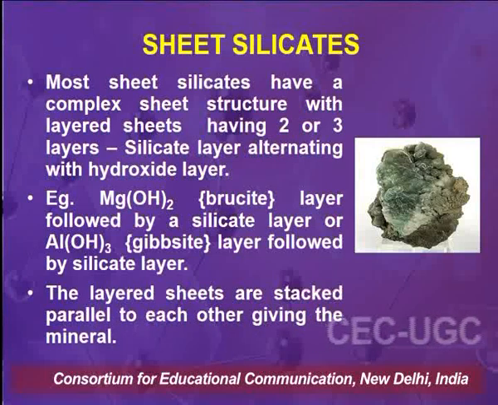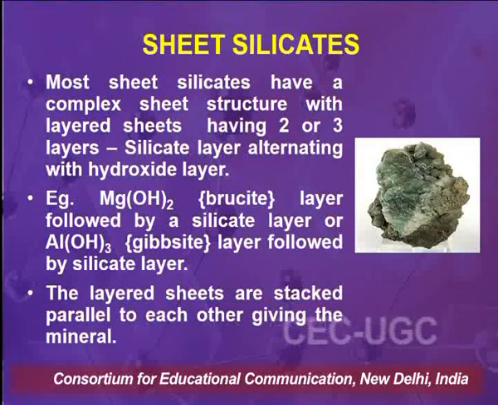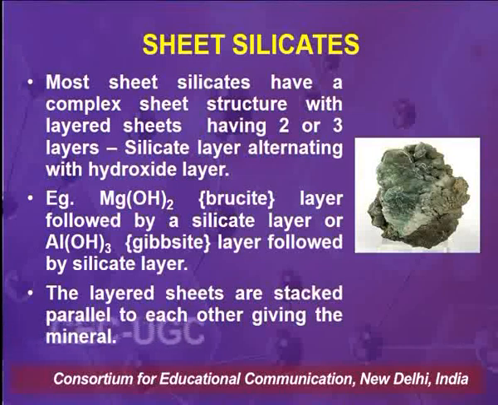For example, if we consider magnesium hydroxide, which is brucite, a layer of magnesium hydroxide is followed by a silicate layer, or aluminium hydroxide, which is called gibbsite layer, followed by a silicate layer. So, one silicate layer alternating with one hydroxide layer, that may be in the form of brucite or gibbsite.